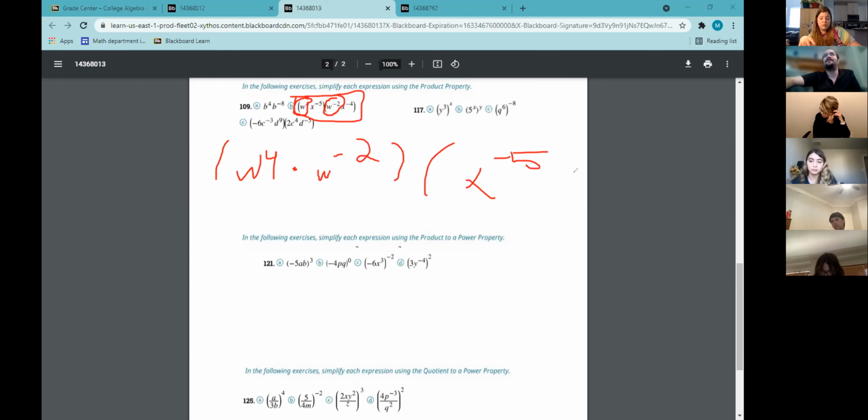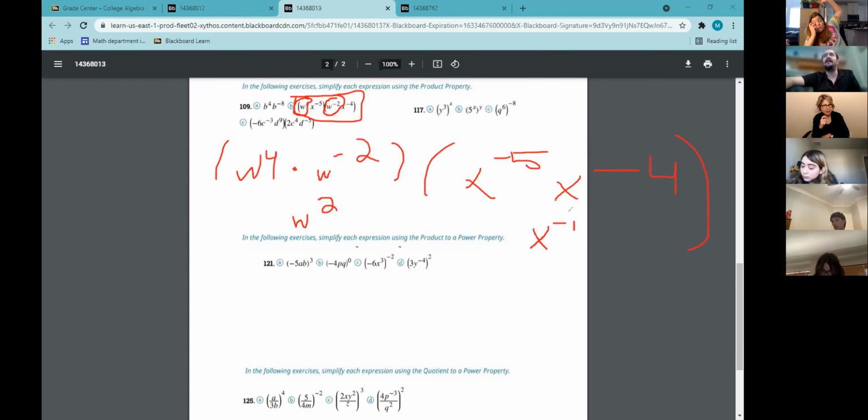But we're looking at those two things and these two things separately, right? Right. And from this, I got 4 plus a negative 2 giving me a positive 2 over here. Yes. And this is giving me a what? That's going to be x to the power of -9.